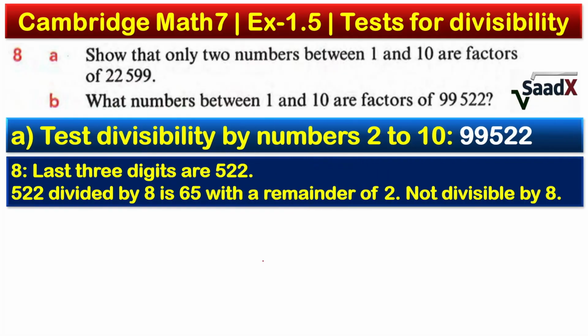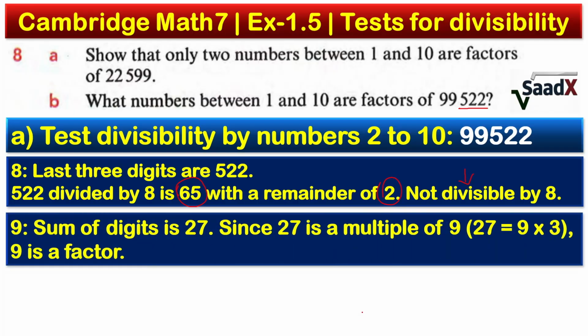Now 8. Look, the last three digits are 522. When we divide 522 by 8, the quotient is 65 and the remainder is 2. Therefore, this number is not divisible by 8. Finally, 27 is the sum of all the digits, which can be divided by 9.